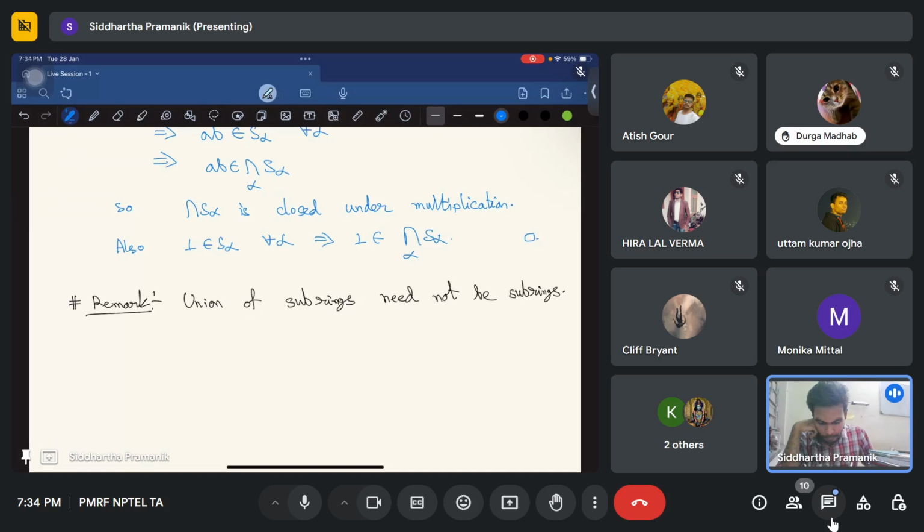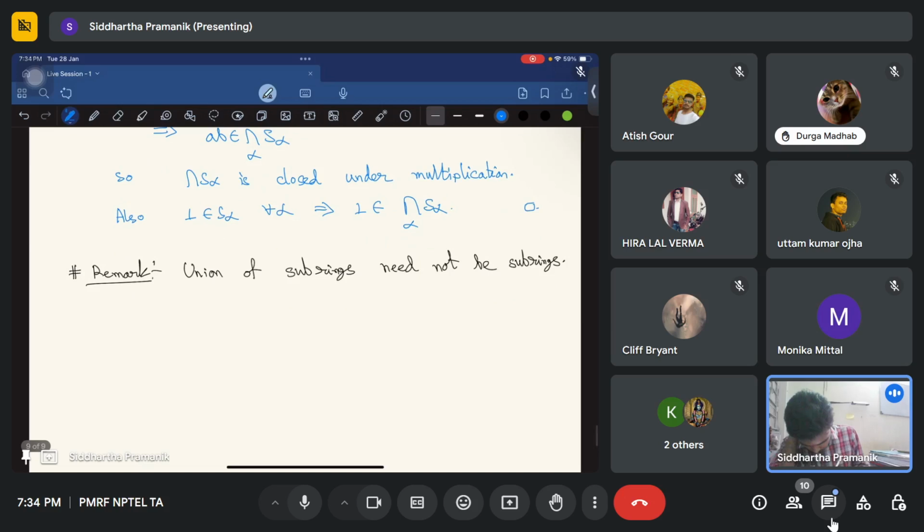So some examples of subrings in known rings, which you have already seen in the lectures. Okay, let me give you. You take R as the ring C and take S1 as the set of all real numbers and S2 as the set of all Gaussian integers. Both are subrings.